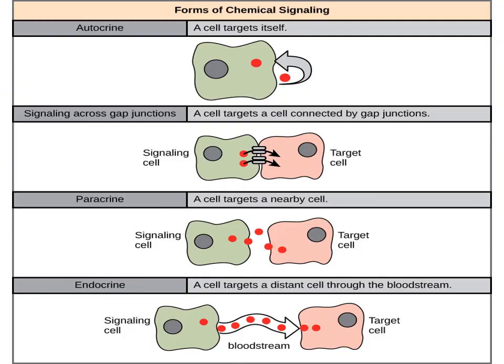Okay, and this is just examples of the different chemical signaling, right? So the first one is self-signaling. So a molecule that signals the cell that it came from. You can have gap junctions where molecules cross from one cell to another.